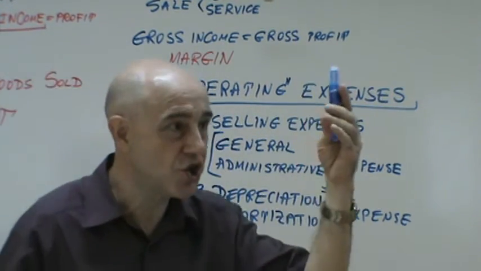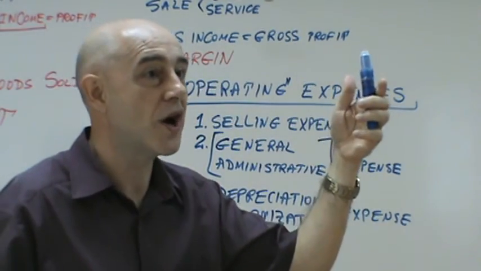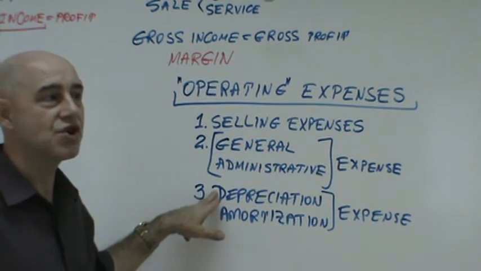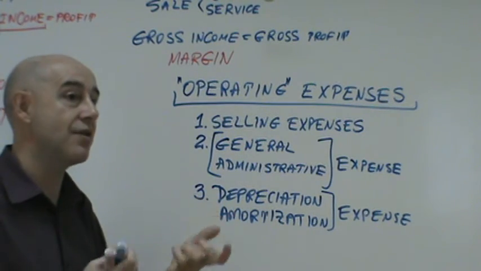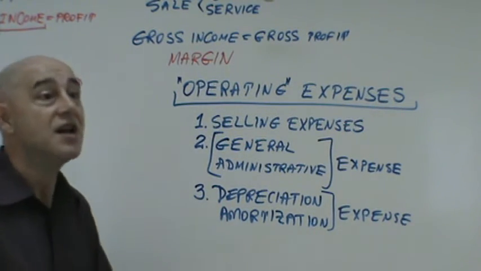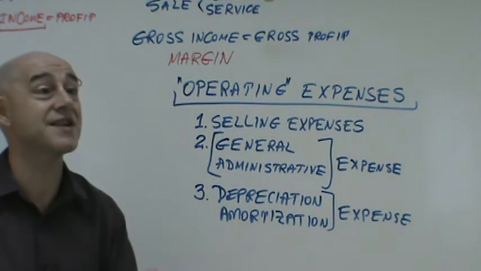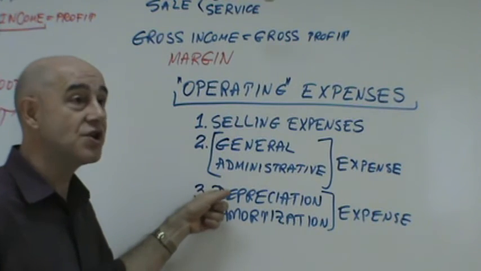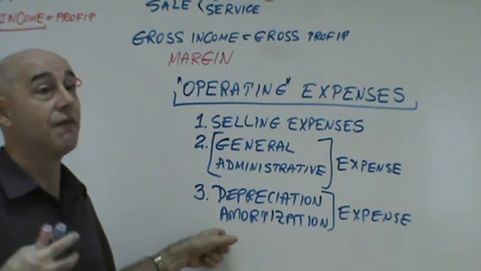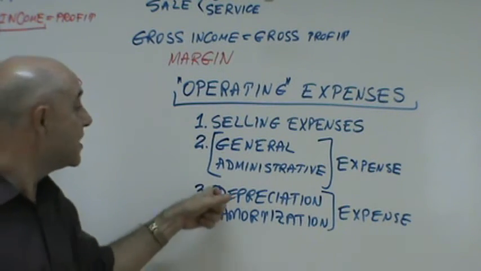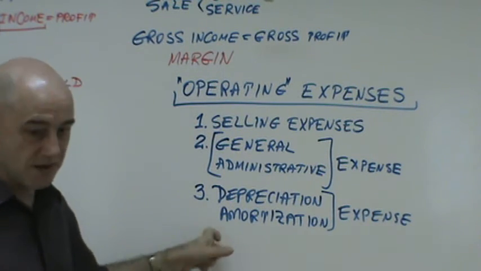If it's dirt cheap, let's say less than $10 or $100, you don't have to depreciate it. If it's $5 or $10, you don't bother depreciating. You just expense it all. But depreciation expense, for some businesses with a lot of machines and equipment, is a major expense.